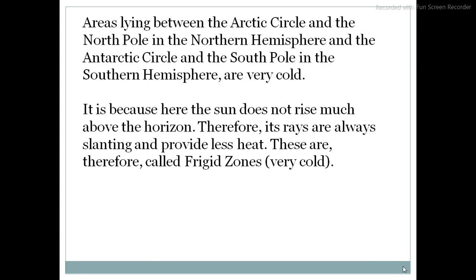Next, areas lying between the Arctic Circle and the North Pole in the northern hemisphere, and the Antarctic circle and the South Pole in the southern hemisphere, are very, very cold. It is because the sun does not rise much above the horizon. Therefore, its rays are always slanting and provide less heat. So these are called the frigid zone.